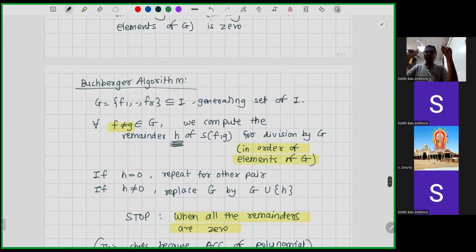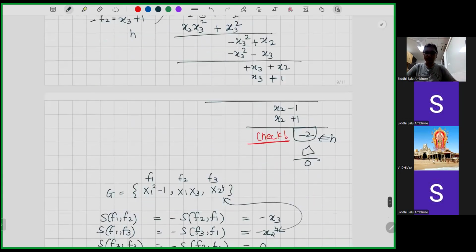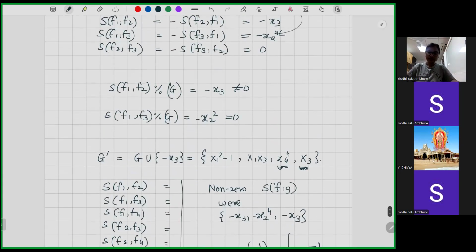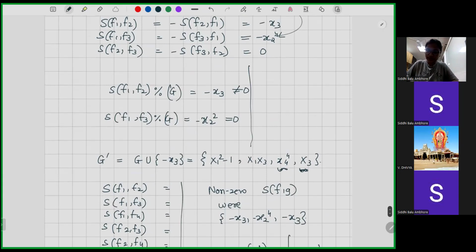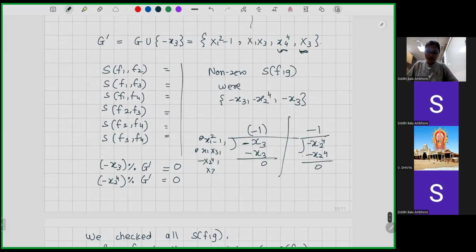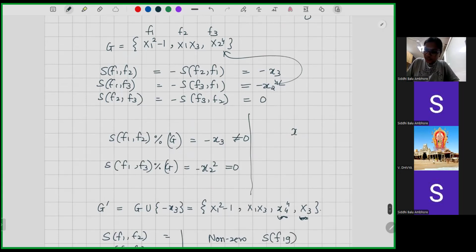But when we get the remainder to be non-zero, for example, in this case, when I first divided by x3, when we checked the S pairs, dividing by these three terms, x1 squared minus 1, x1, x3, x2 to the power 4, the remainder was x3 itself. It was not 0. Okay?